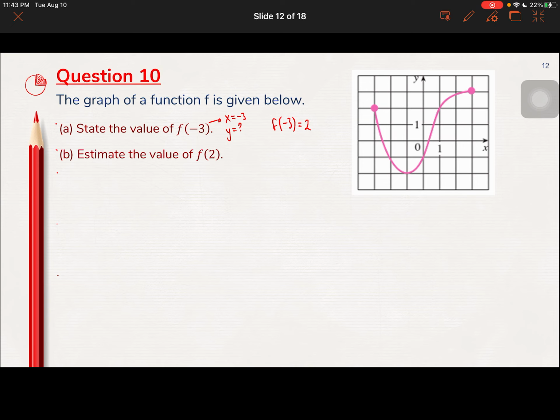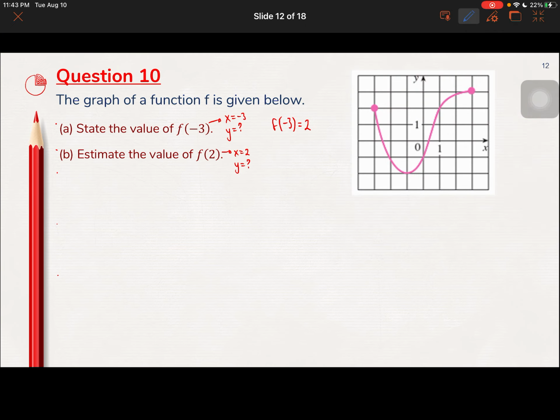Then for the letter B, estimate the value of the function evaluated in 2. So this one means that x is 2, so we need to find the value of y. So we go 2 units to the right, and then we need to find the function, and the function is here, a little bit less than, let's say 1, 2, a little bit less than 3.